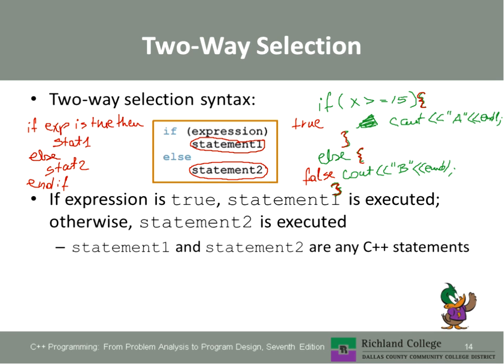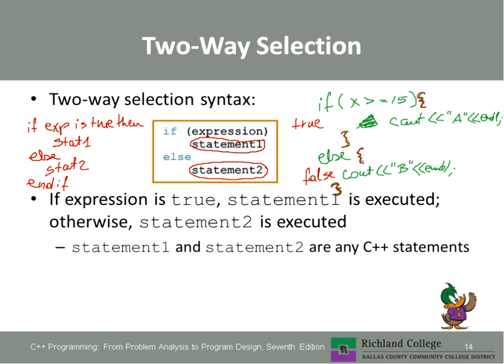And at the end we would say end if. So that would be the generic pseudocode. Now this is kind of like a pseudocode for C++, and this would be the actual code, how we are writing the code.